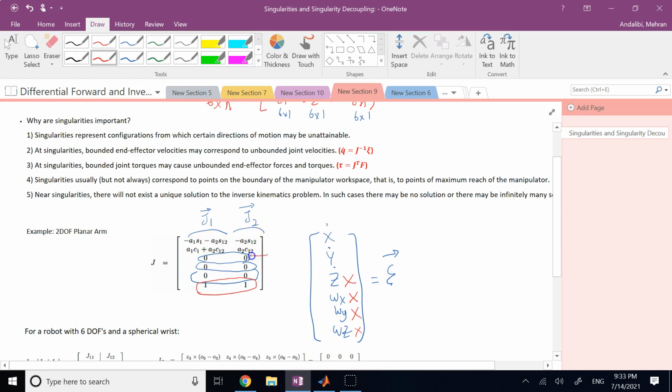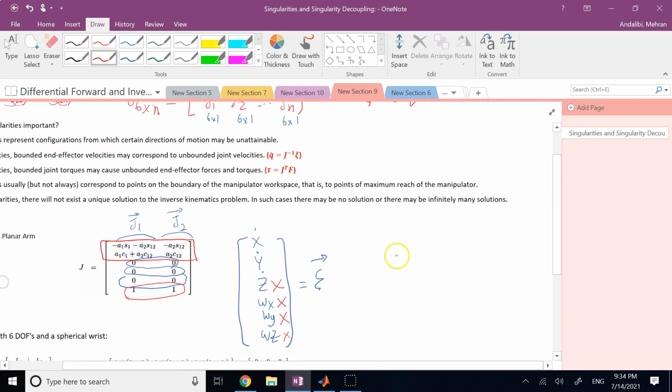You might say, well, why don't you trim it like several times in the past? Why don't you just focus on this 2 by 2 portion of this J? So for the moment, say J is only this matrix, okay? Let's just throw away the components that I know it's impossible for me to achieve, and just focus on the x dot and y dot I know I can achieve.